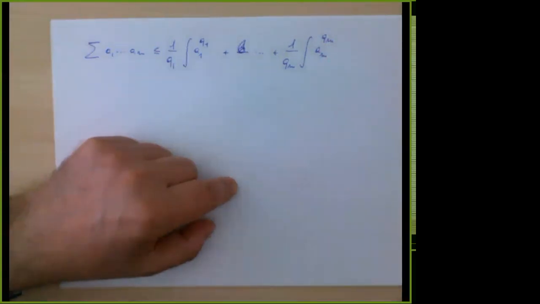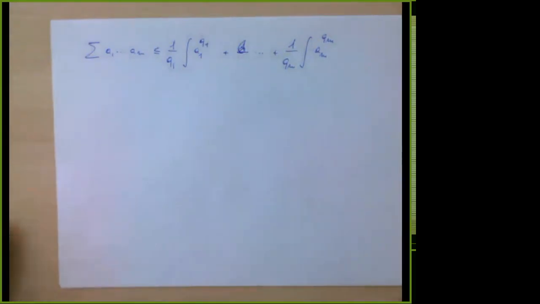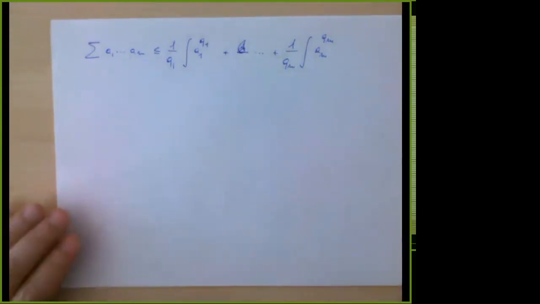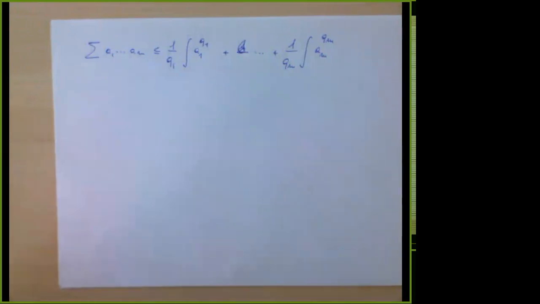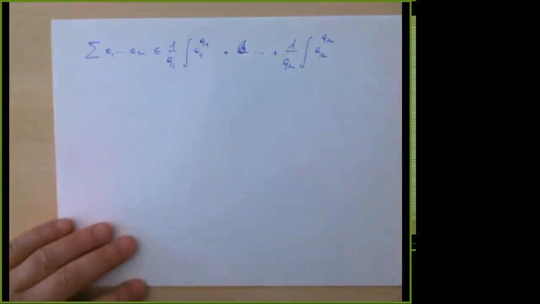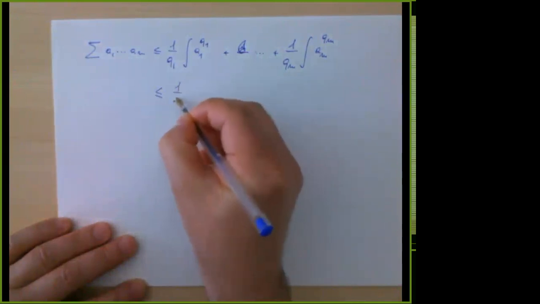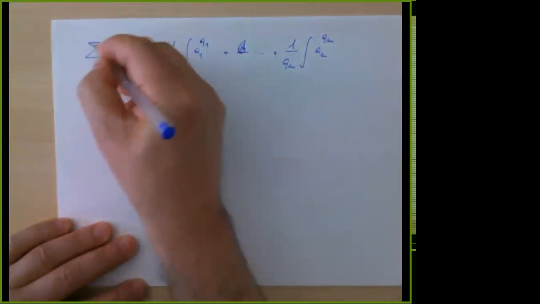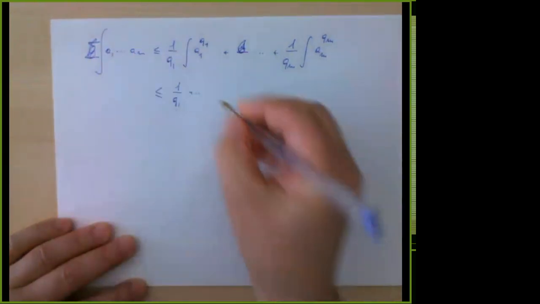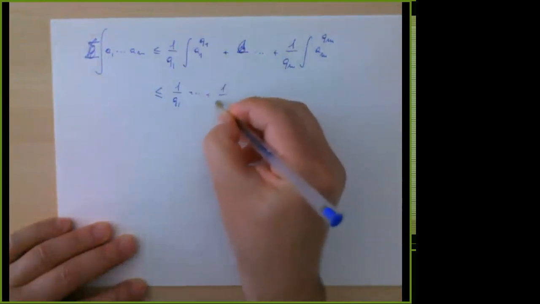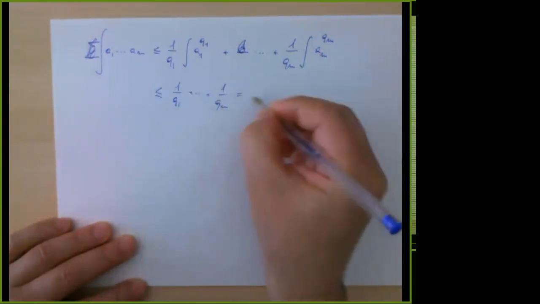So as usual, we said that when we do this type of examples with integral, we take a compact interval on the real line, and that is enough. And you see that the argument is exactly the same, because this will be less or equal than the sum of 1 over q1. Sorry, I wrote here a sum, but it was an integral, and 1 over q_m, and again this is equal to 1.